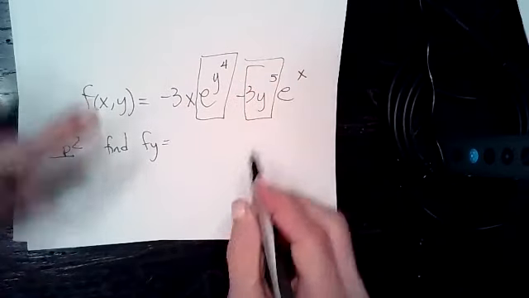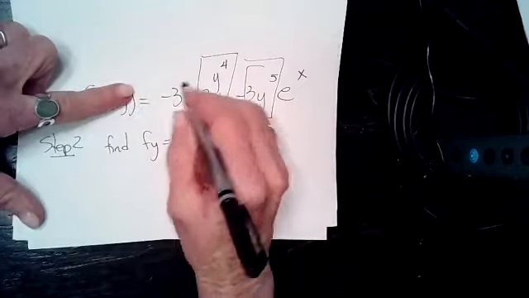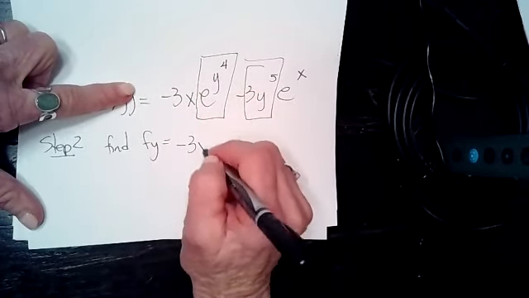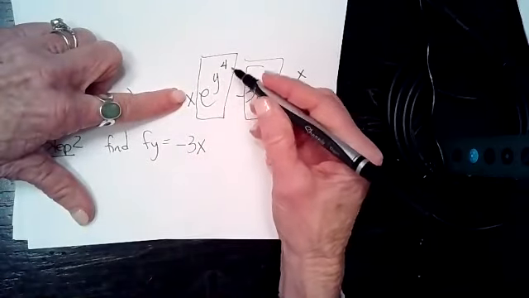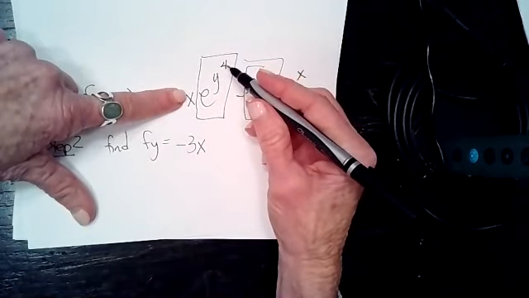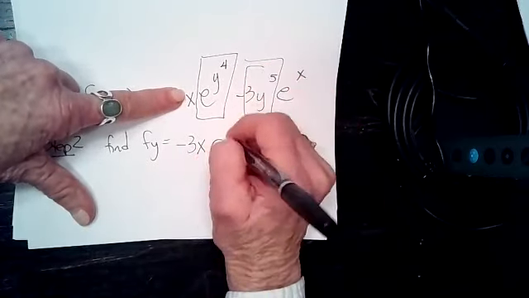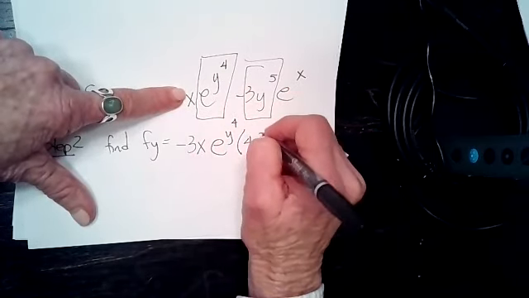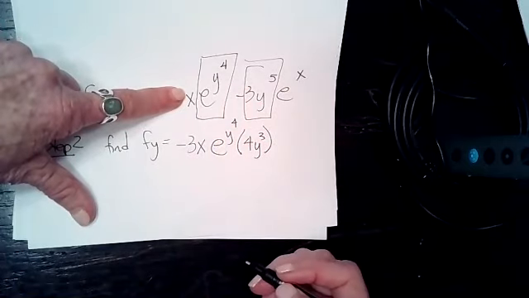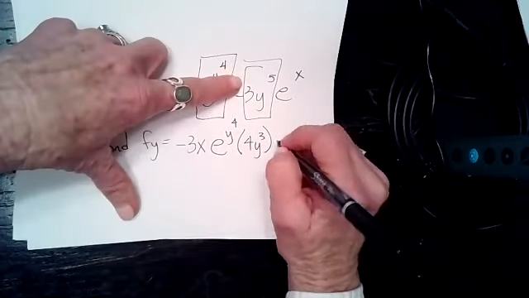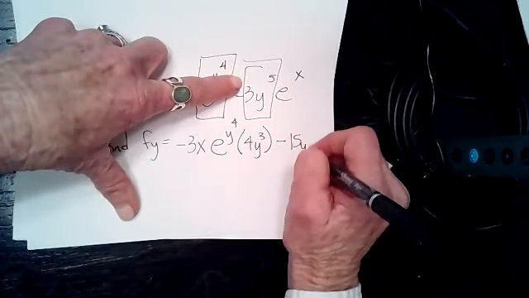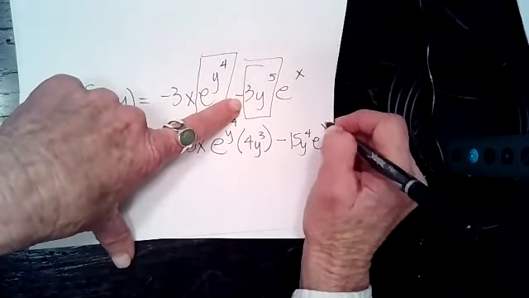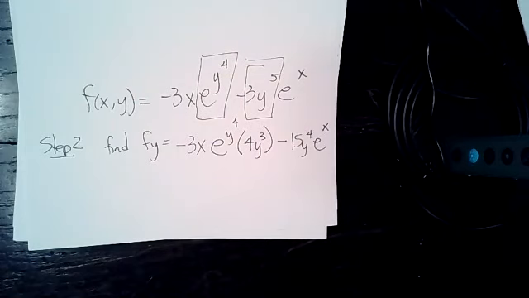Okay, all right, so if y is my variable term, it's going to be my constant term times the derivative of e to the y to the fourth with respect to y. So that's e to the y to the fourth times the derivative of y to the fourth, okay, minus 15y to the fourth, the derivative of the y term times the x term. And you can leave it just like that.